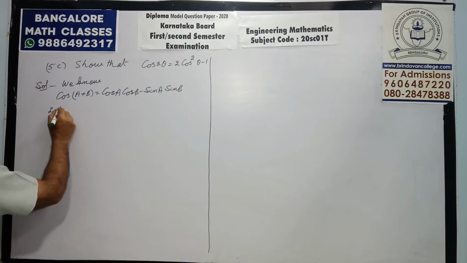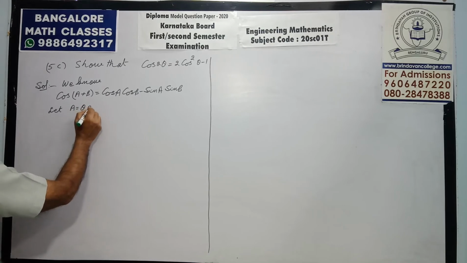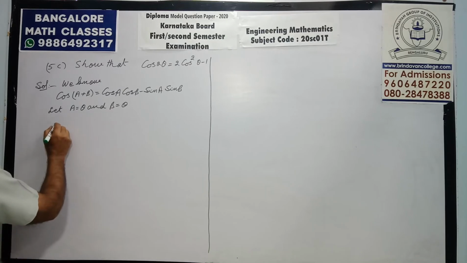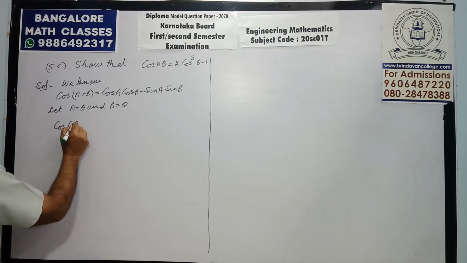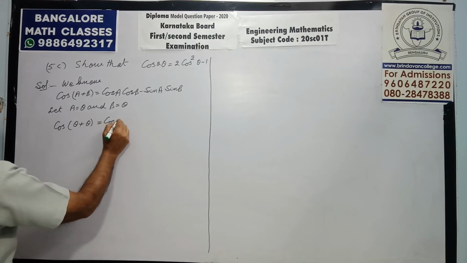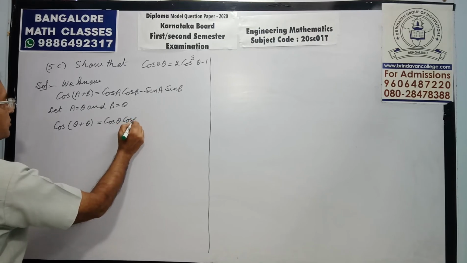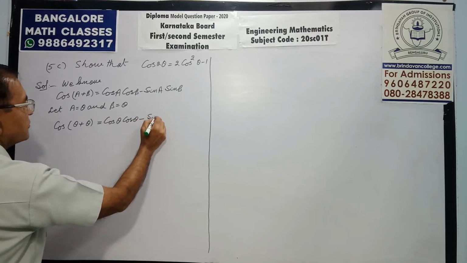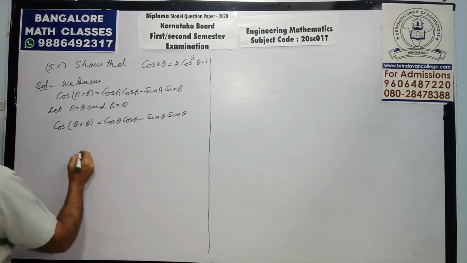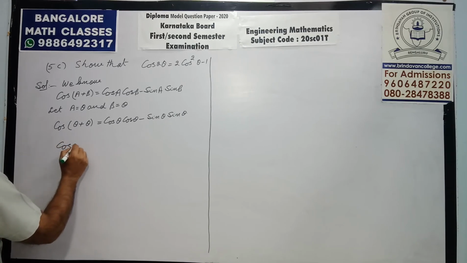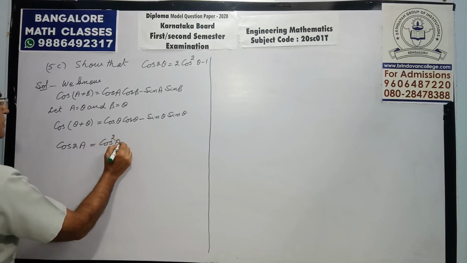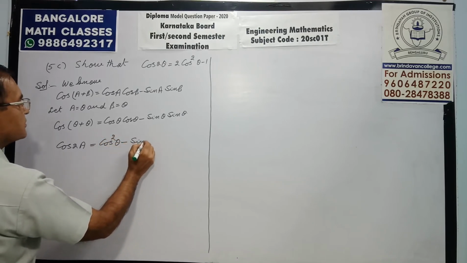Let A equals theta and also B equals theta. It will come out to be cos 2 theta equals cos theta into cos theta, cos square theta, minus sin theta into sin theta, sin square theta.